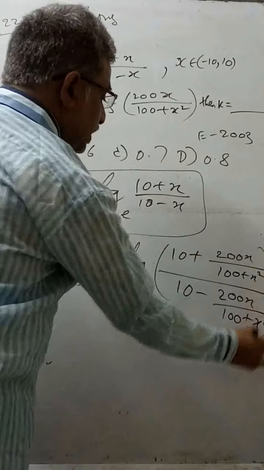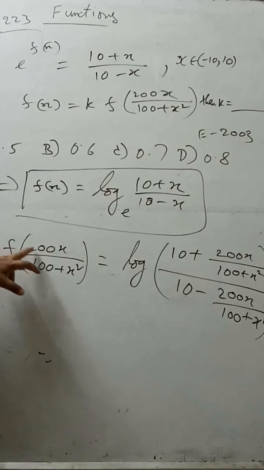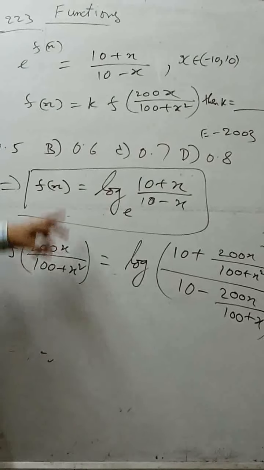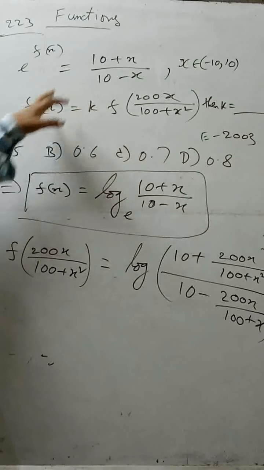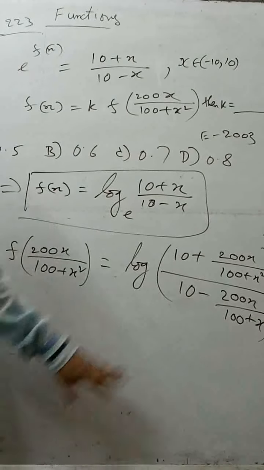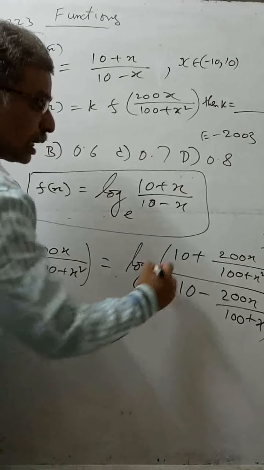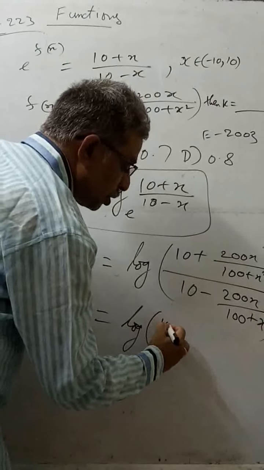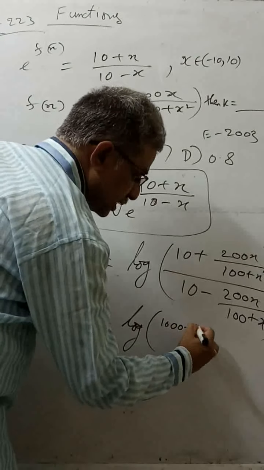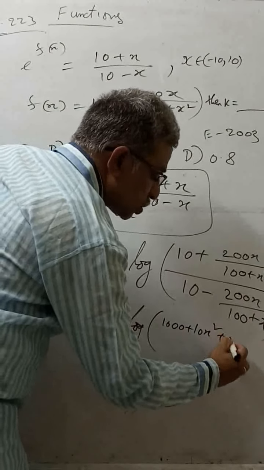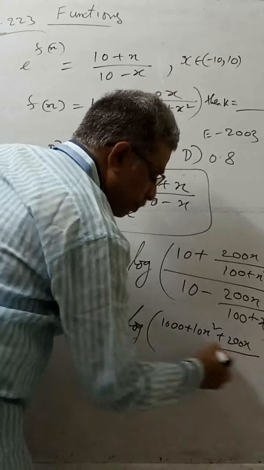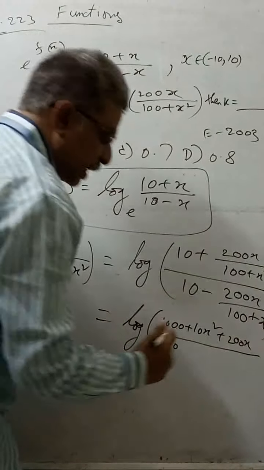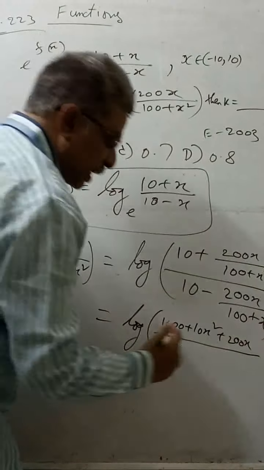If you observe here, this is 2ab form, this is a square plus b square form. Always you will get some k is 2 value. You will see. Okay, this is equal to, take 100 plus x square LCM. This becomes log of 1000 plus 10x square plus 200x by, take 100 plus x square here also LCM, so that those two get cancelled.